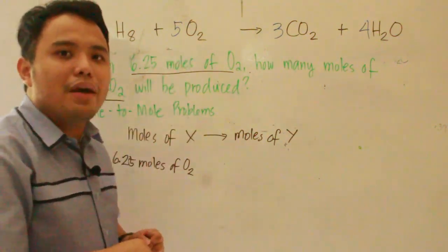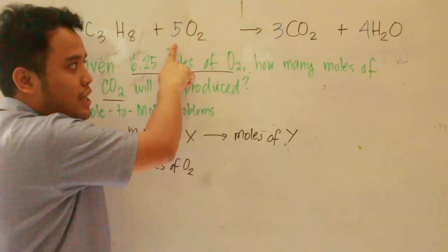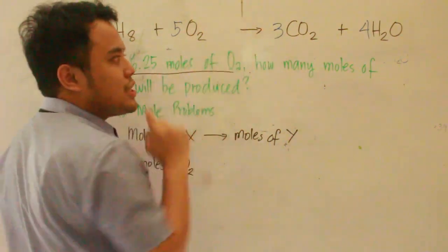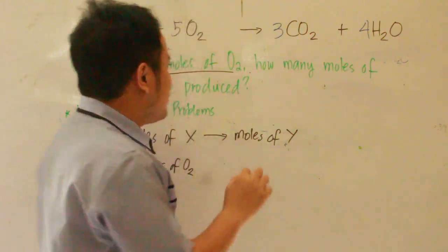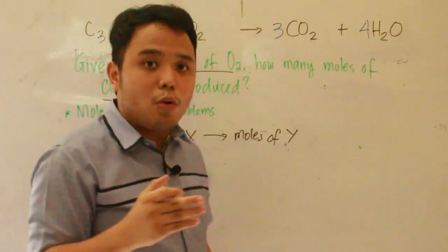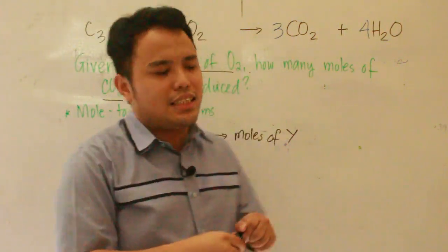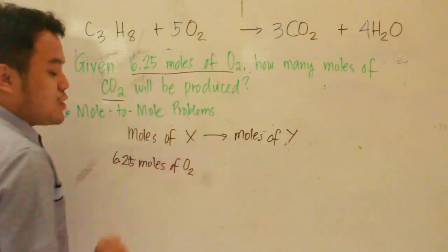According to the balanced chemical equation, we have 5 moles of oxygen gas that produces 3 moles of carbon dioxide gas. Now, let's use that mole ratio to solve this problem.